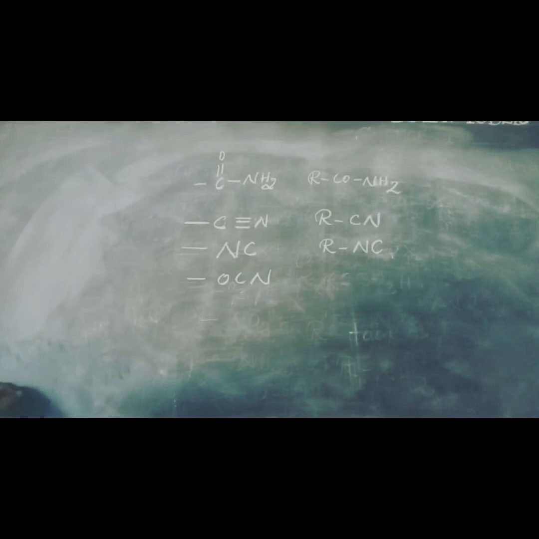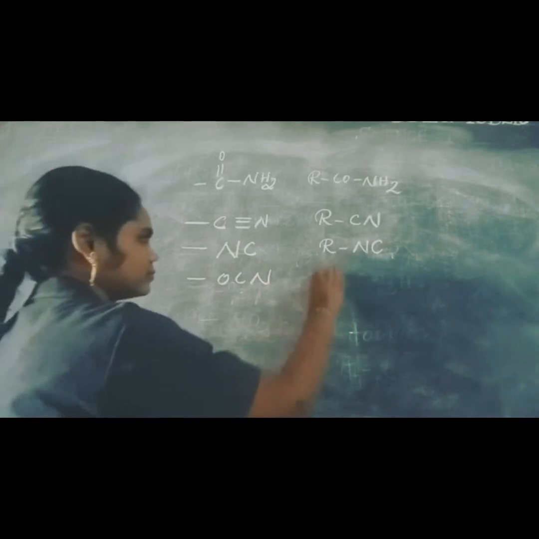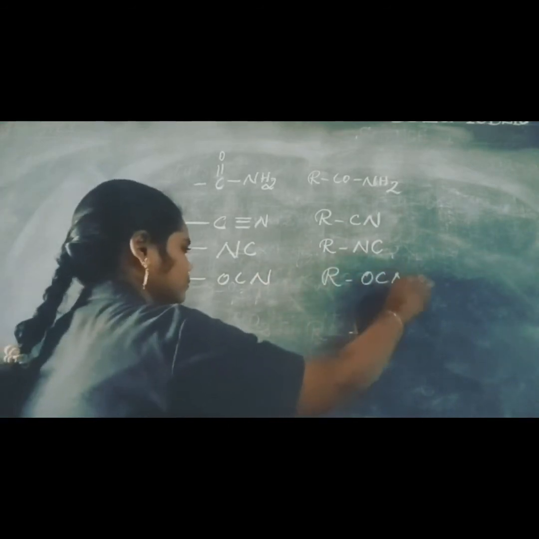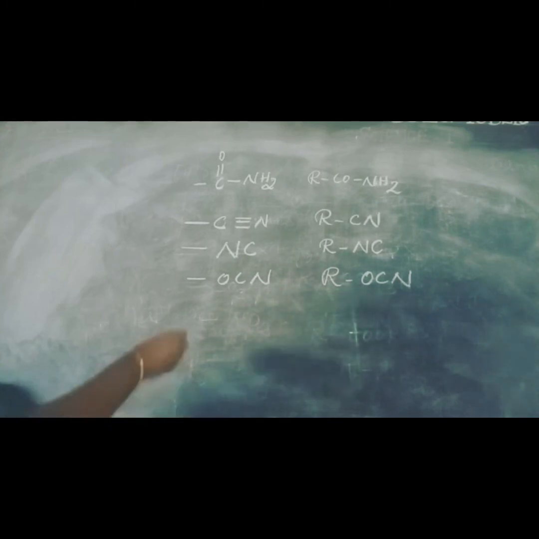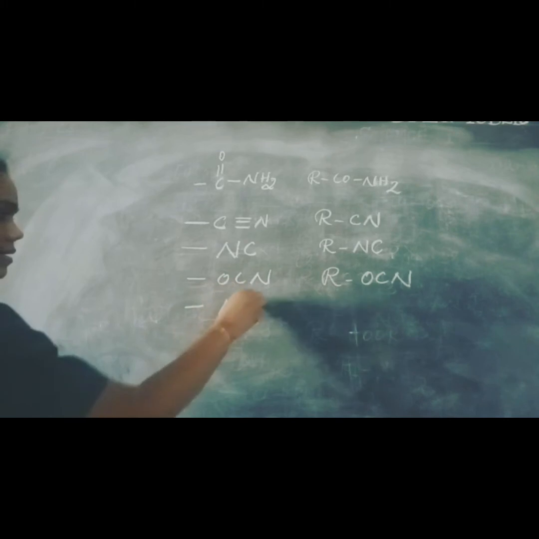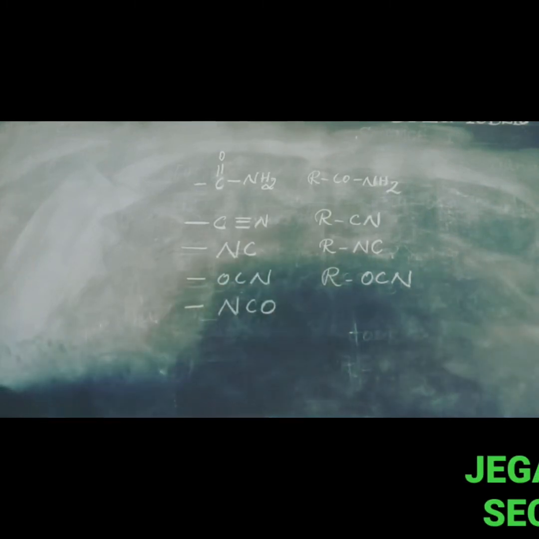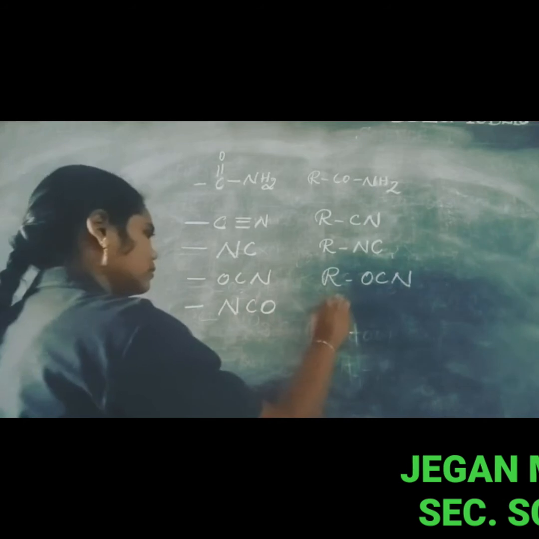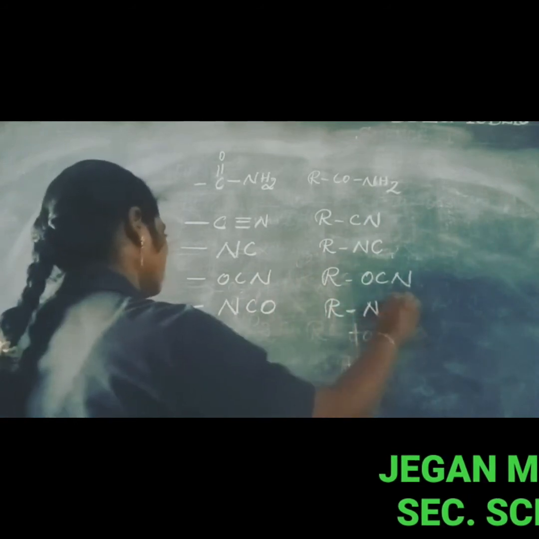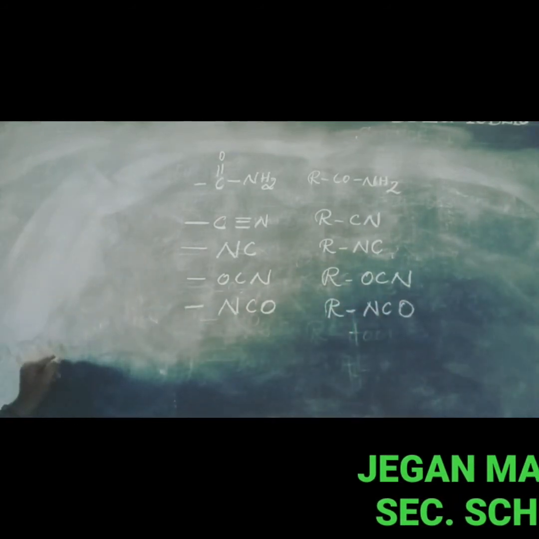The formula for cyanate is R-OCN. And next one, isocyanate. Isocyanate means NCO, the isomer formula of cyanate. So R-NCO, this is isocyanate.